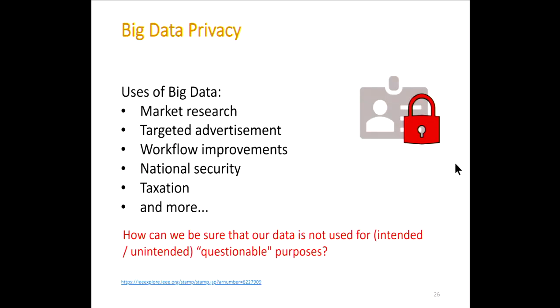Sometimes you're collecting this information from people and then using it for marketing research. So I know that you've checked in in Sydney, in the city, and I pop up an advertisement telling you that there is a new restaurant you can drop by. So this is mostly used for marketing research.